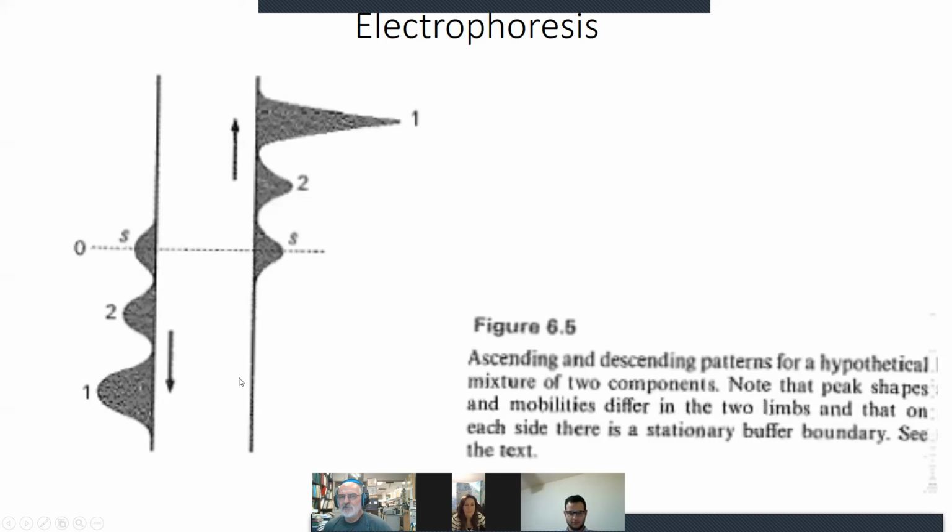And a certain amount of this has to do with the fact that macromolecules are an ensemble of charges. And so different molecules might move in different directions simply because it's a subset, or there's heterogeneity in the sample. Okay, but you can see moving boundaries. A lot of this early work was done on readily accessible proteins.